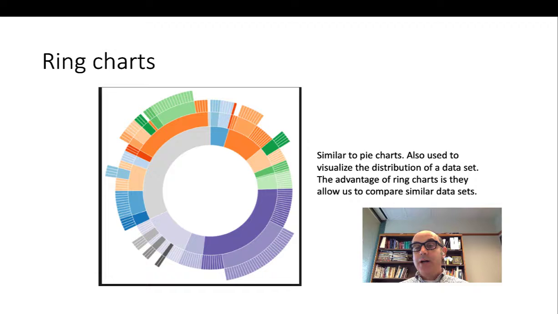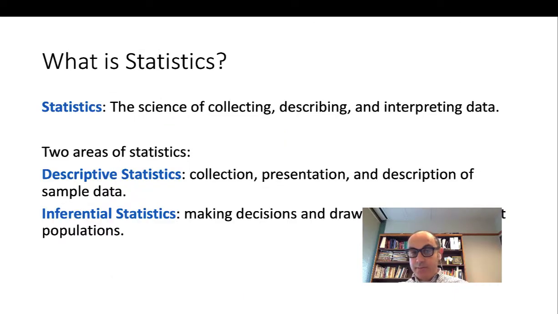Ring chart is another format of displaying visual analytics. And by doing that, it allows us to do comparison between similar data sets. And that's where the beauty of it is.